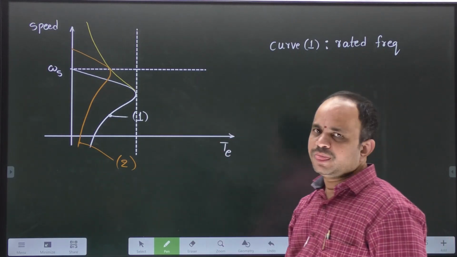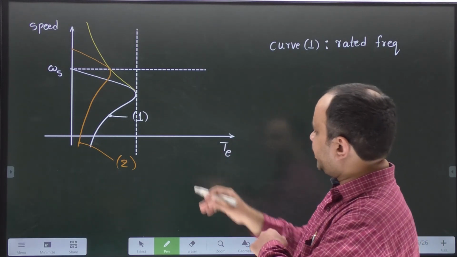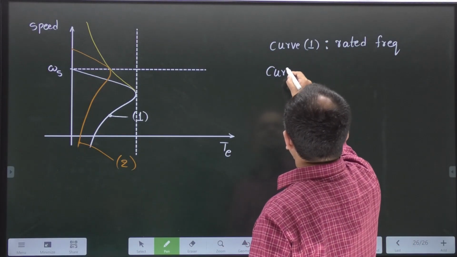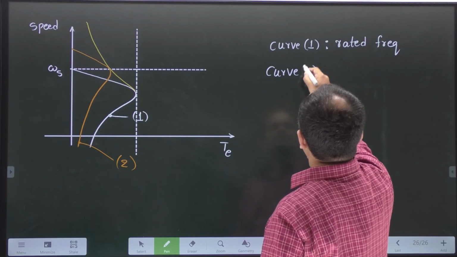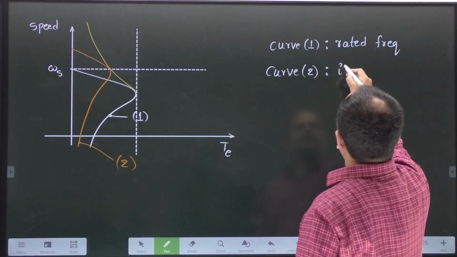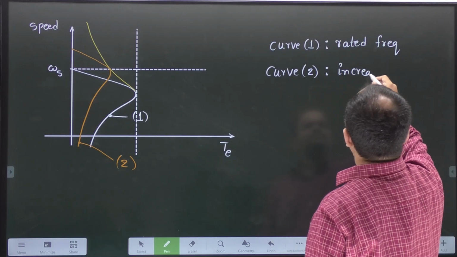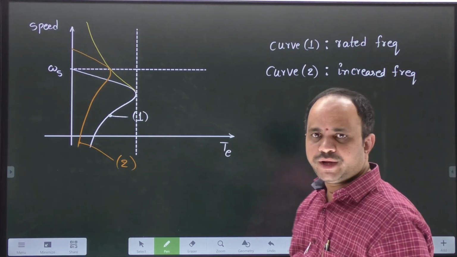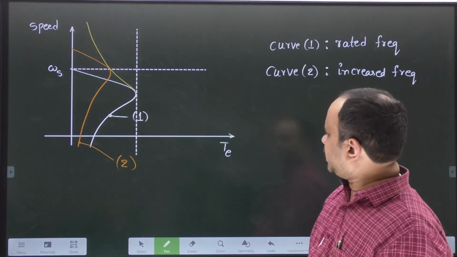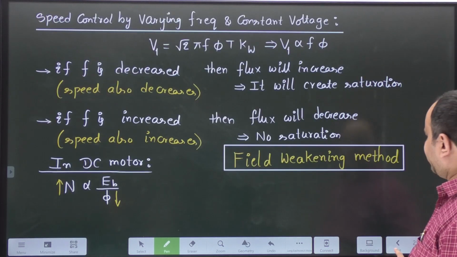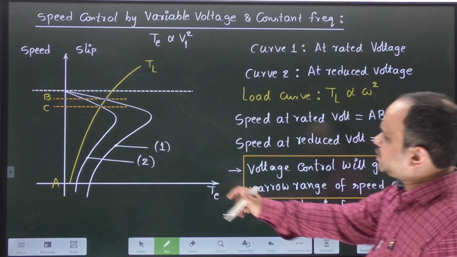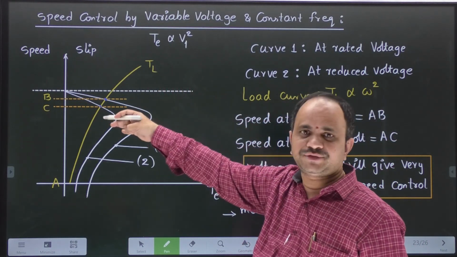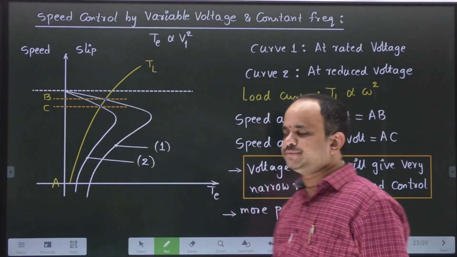The orange curve belongs to increased frequency. Let me write down here, curve 2, increased frequency, right? Now, one of the important properties in these two methods, this is a torque speed characteristics in case of only voltage variation, but frequency is constant.